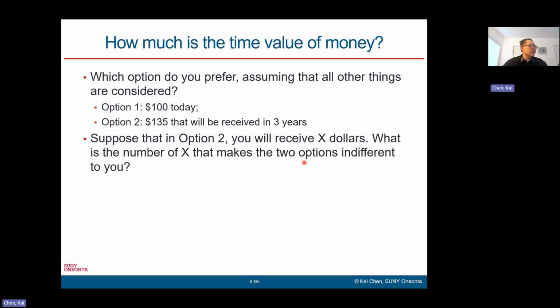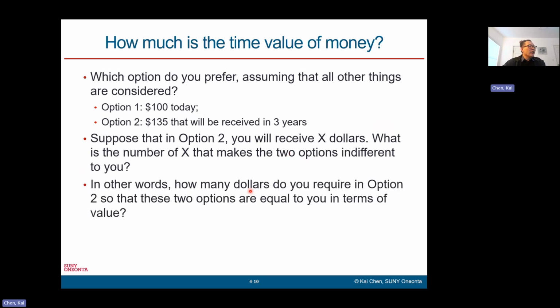In other words, how many dollars do you require in option 2 so that these two options are equal to you in terms of value? The two options are indifferent to you means these two options have the same value to you.